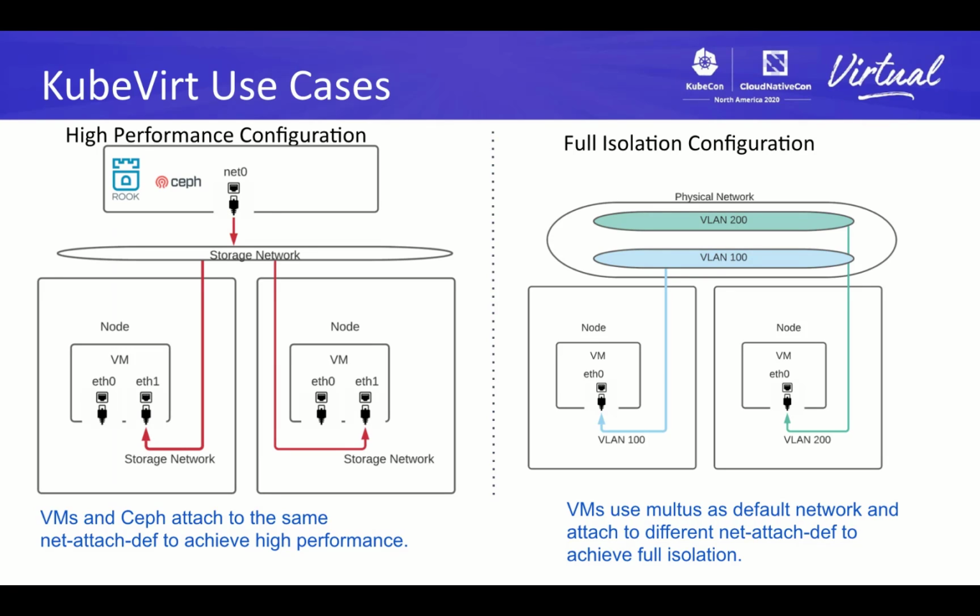The cluster network, where the OSDs are communicating with each other to shuffle and balance the data, is separated from the public network. In this use case, the VMs and the Ceph public network reference the same network attachment definition, such that their traffic will be isolated in the same network.